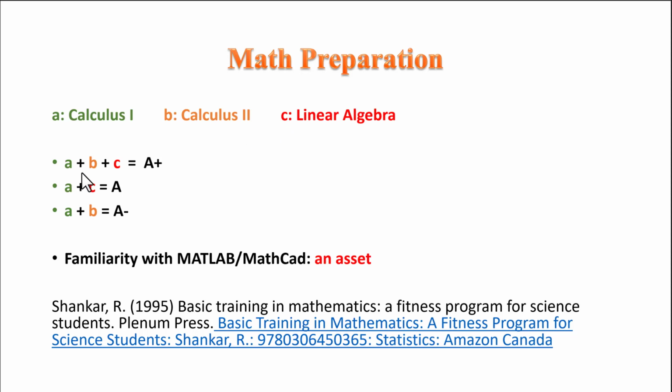If you have all A, B, and C, you are well prepared in math for this course. If you have any 2 of these 3 math courses, you should be fine. But anyhow, you should have at least A, Calculus 1. You will certainly find the math language a little bit challenging in this course if you only have Calculus 1.